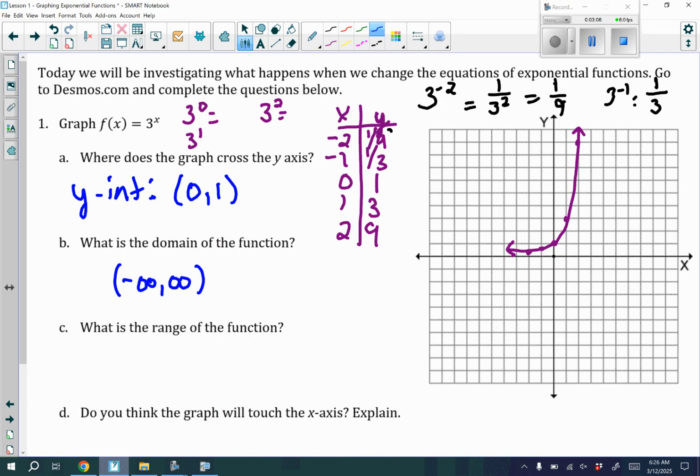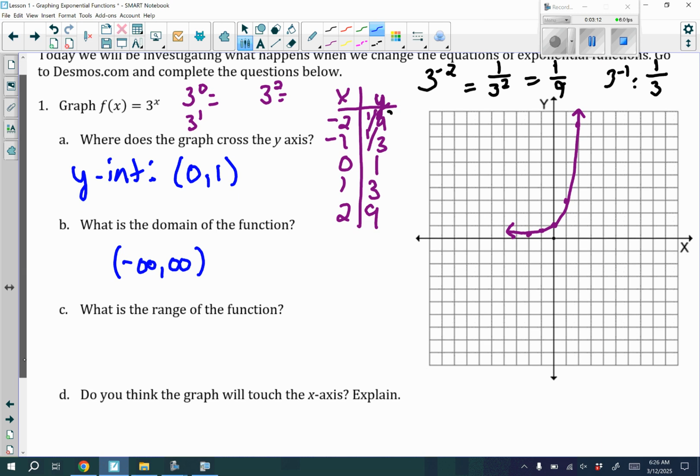So when we think about our range, and this actually will answer our question on D, do you think the graph will ever touch the x-axis? Okay. Well, let's think about this, right? So we know if we plug in positive numbers into x, we just get something bigger. If we plug in negative numbers into x, right, we get smaller numbers.